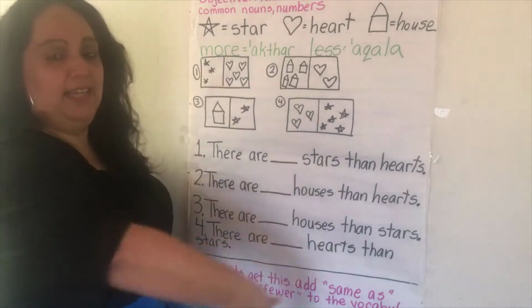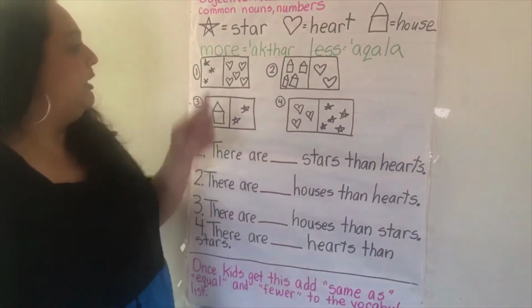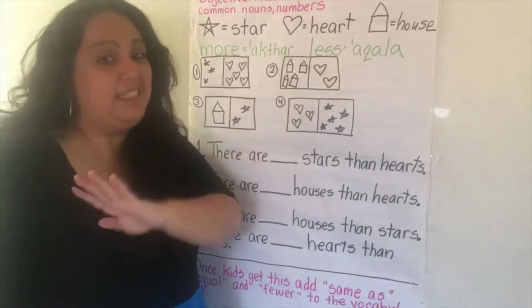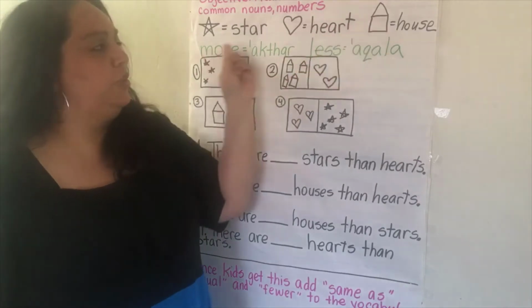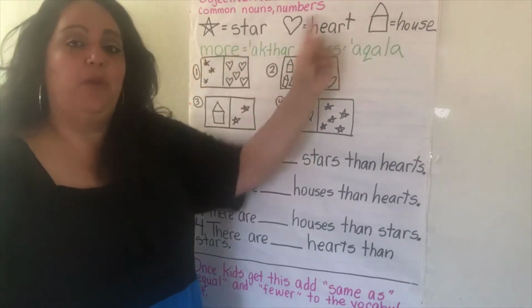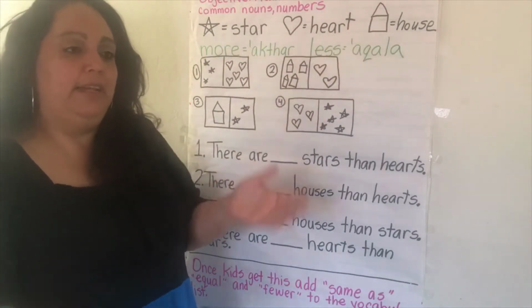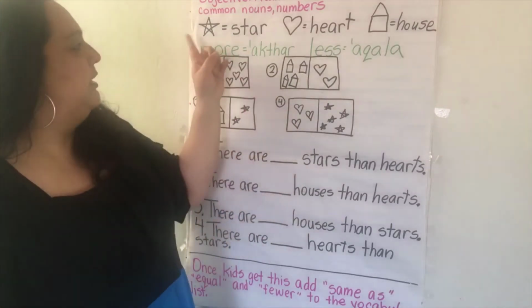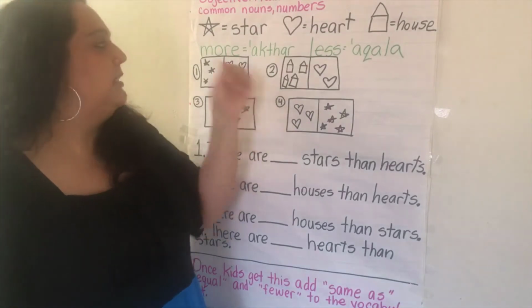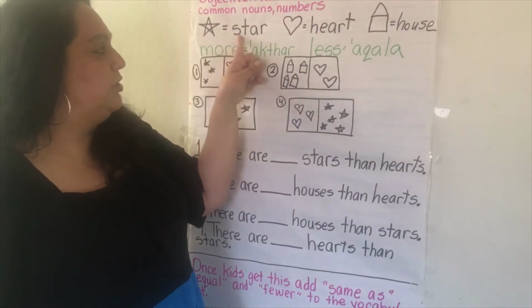So for this modeling session, I chose just star, heart, and house, because that's all I could really draw. You're going to go over those words and write them with the kids. You could have them write it and draw it as well. Even if it's an item from your classroom, like a backpack, they could do a quick drawing. And you're going to repeat those words several times with the kids. Star, star, star.